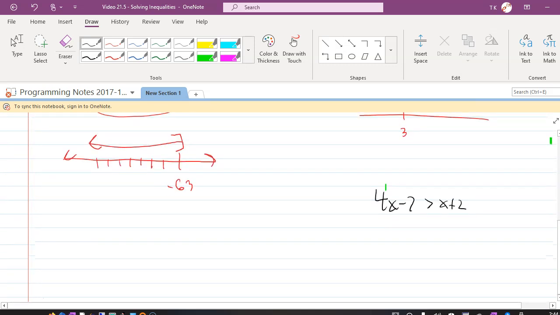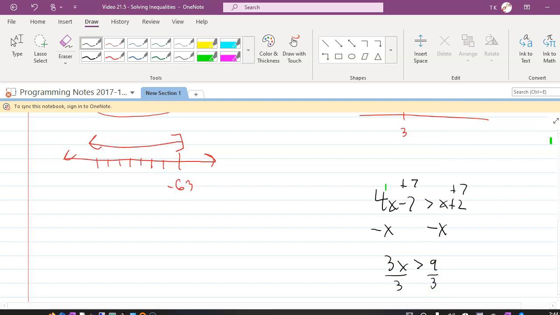If I were to start this by subtracting x to the other side, and then adding 7 to the right side, I'd get 3x is greater than 9, and the problem would work out pretty much the same.